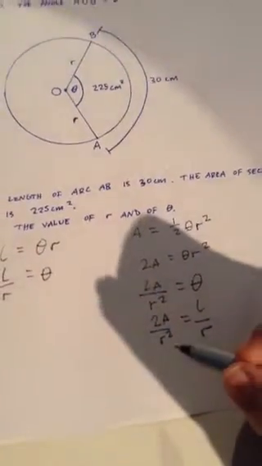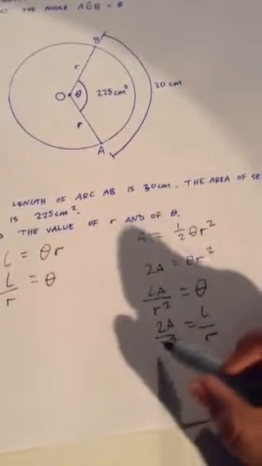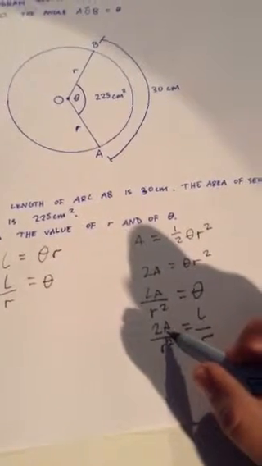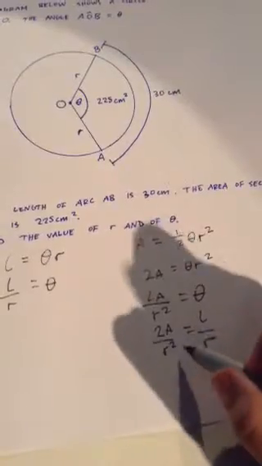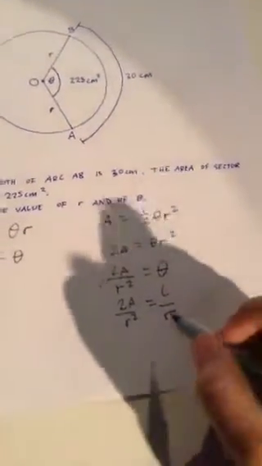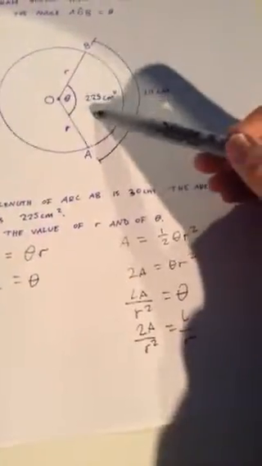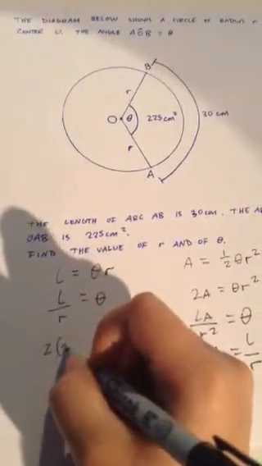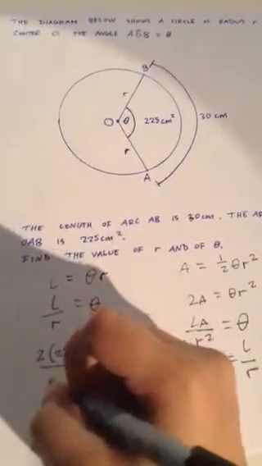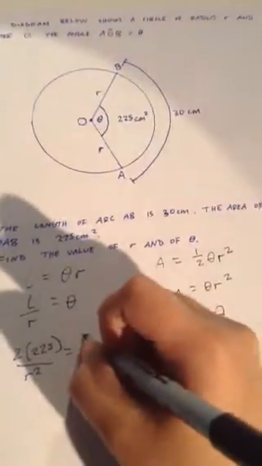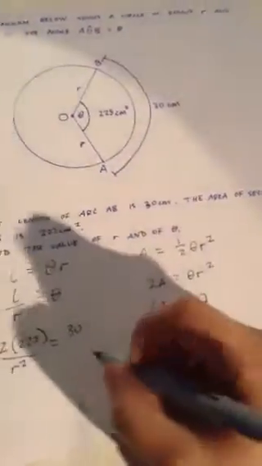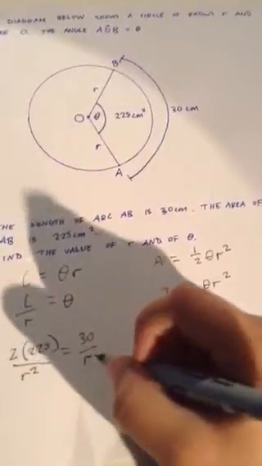Okay, once you have that down, you can pretty much just plug in. Now that you have your arc length and your area, you can use them to get your radius. So using this equation, we have 225 multiplied by 2, over radius squared equals arc length, which is 30, over r.